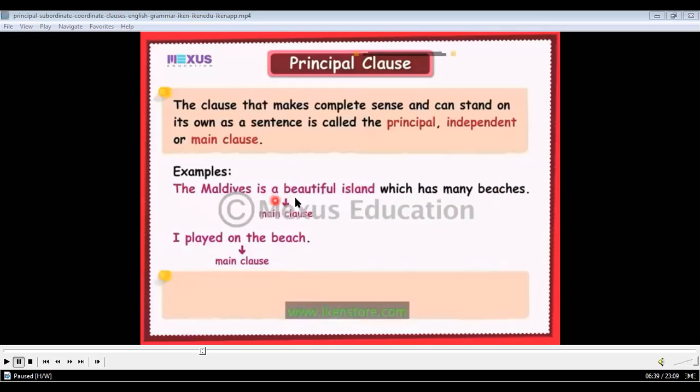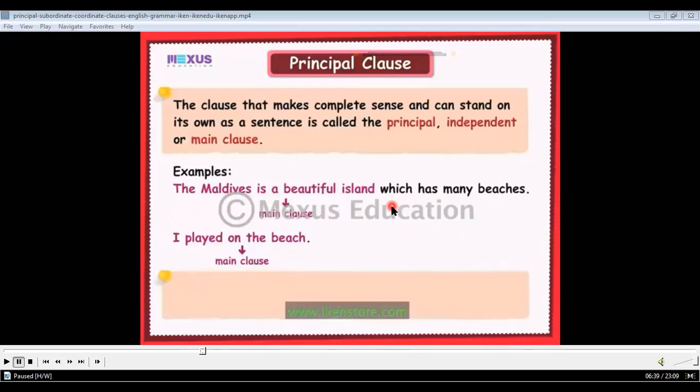So we call it the main clause. And in the other example, I played on the beach. This sentence also gives us the complete meaning, so one can understand what is meant by I played on the beach, and we don't need any other part of the sentence to understand this and to understand the first example. So we call them main clauses.